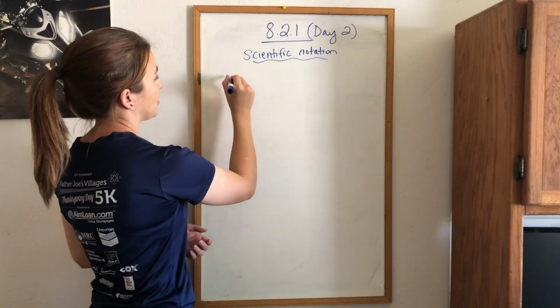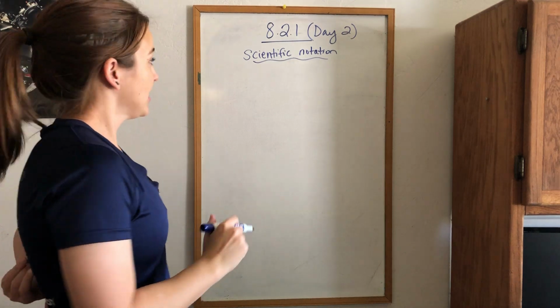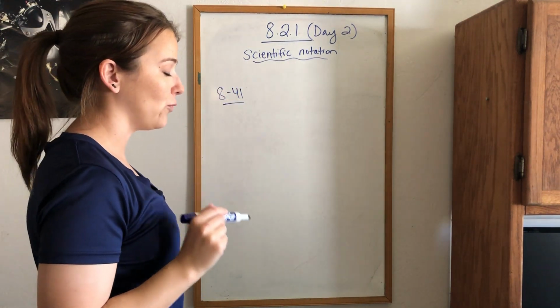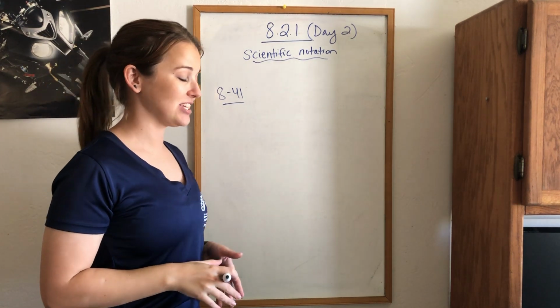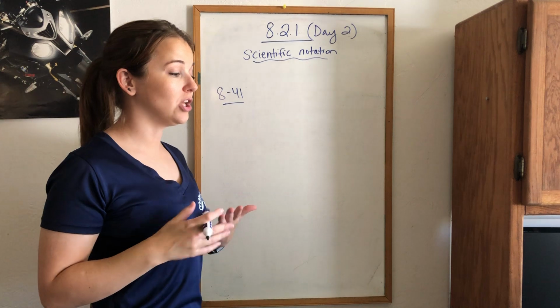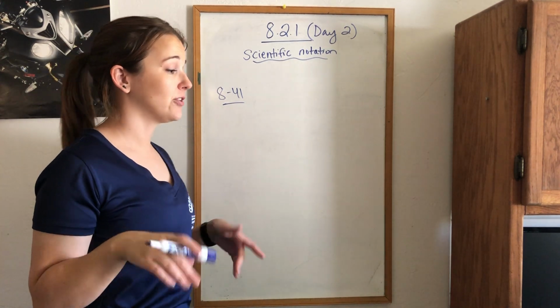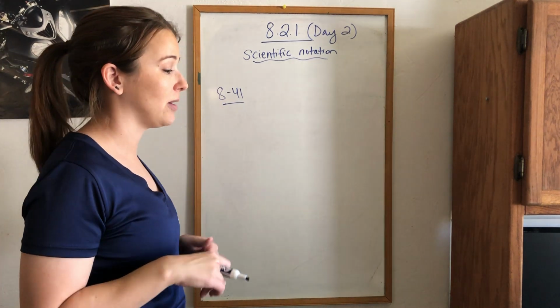I'm going to read 8-41, but we're going to keep this term in mind. 8-41 says, when astronomers describe distances in space, often the numbers are so large that they're difficult to write. For example, the diameter of the sun is approximately 1,390,000 kilometers.